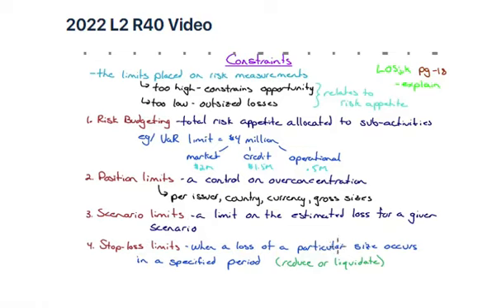When a loss of a particular size occurs in a specified period, you will either reduce or liquidate the portfolio. So you may have a daily VaR of, let's say, 5%, and that might equal $2 million. Or you may have a weekly loss limit of, let's say, $7 million. And so on day one, you might run a 1.9 million loss.